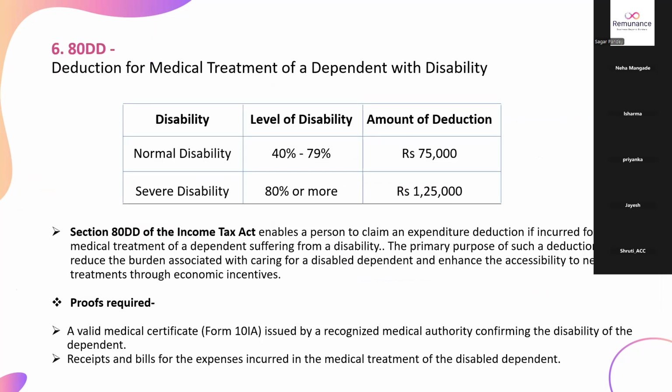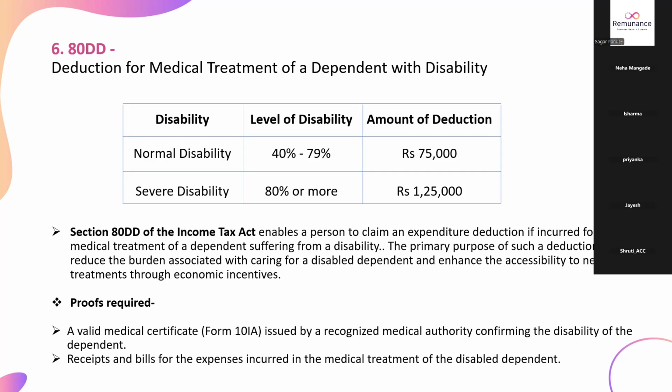Then we have 80DD. 80DD is for medical treatment of a dependent with disability. If the person has a normal disability, with a level of 40 to 79%, then you will get exemption up to rupees 75,000. If it is severe disability, meaning 80% or more, then you will get exemption up to rupees 1,25,000.